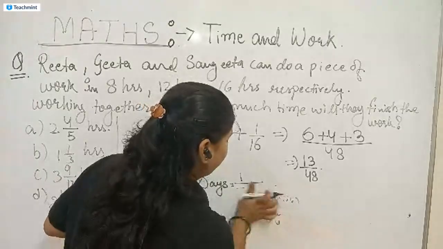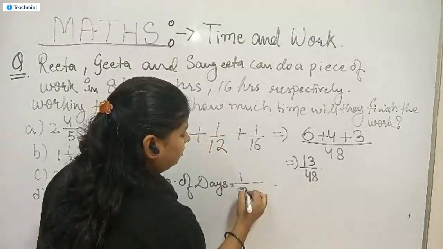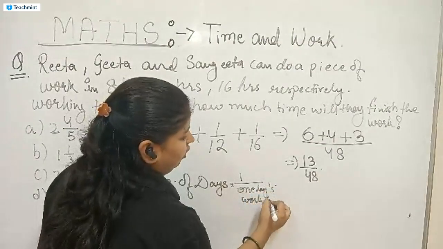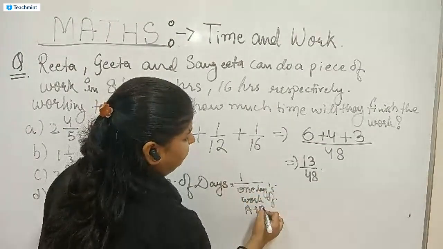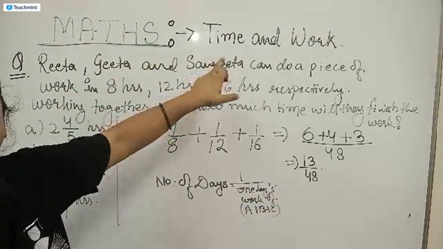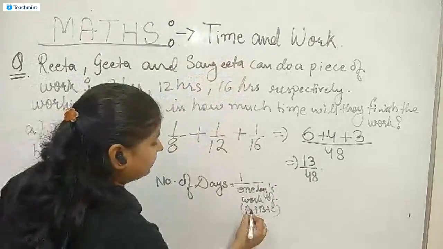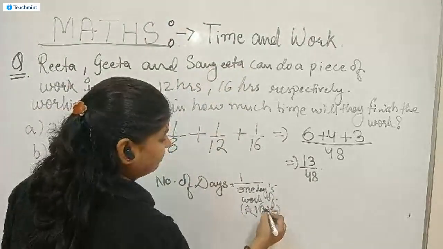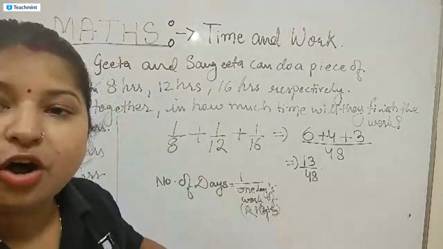Or simply you can write 1 day's work of A plus B plus C. A plus B plus C is what? That is Rita, Geeta and Sangeeta. R for Rita, G for Geeta, S for Sangeeta. This is the formula you can write.